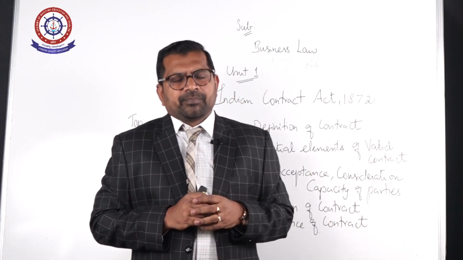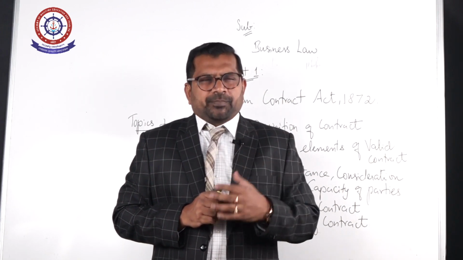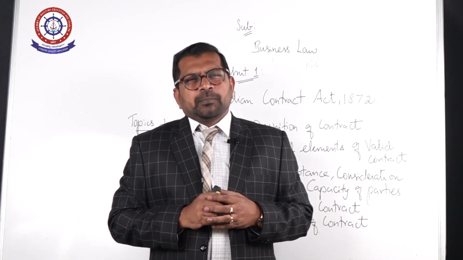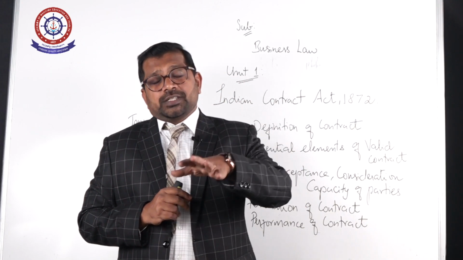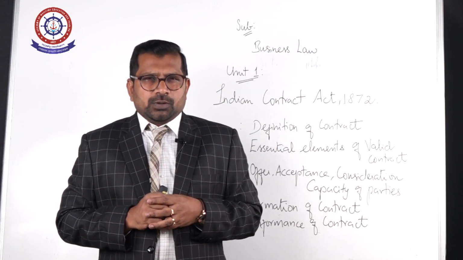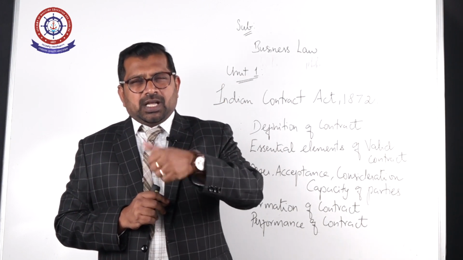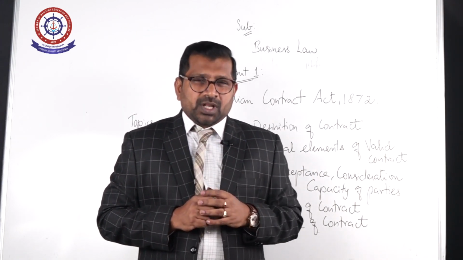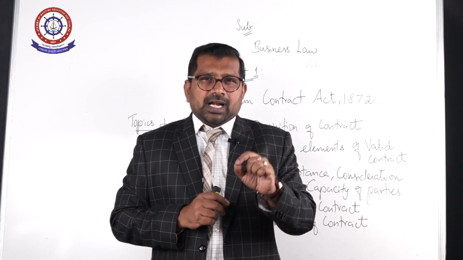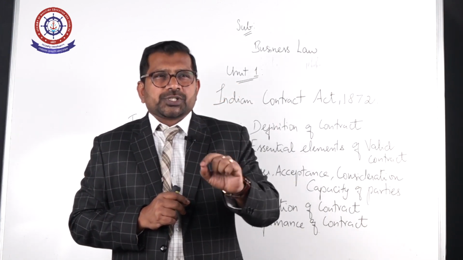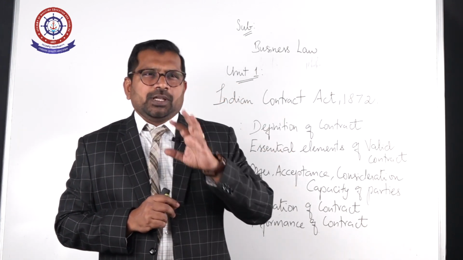Say, for example, A delivers goods to B, mistaking him to be C, and B uses the goods. Actually, you needed to deliver the goods to C, but mistakenly B used the goods. Now B is under an obligation to pay compensation to A for the value of the goods.